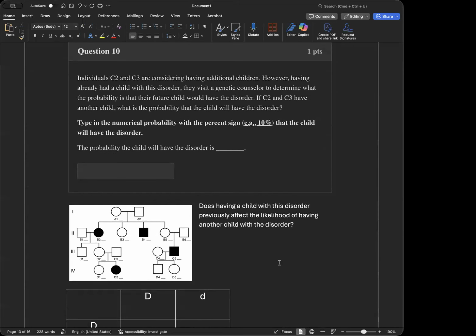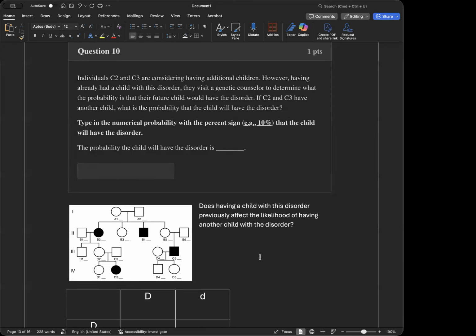So for question number 10, C2 and C3, that's these individuals here, are considering having additional children. However, having had a child with this disorder, they visit a genetic counselor to determine the probability that their future child will have the disorder. If C2 and C3 have another child, what is the probability that the child will have this disorder?